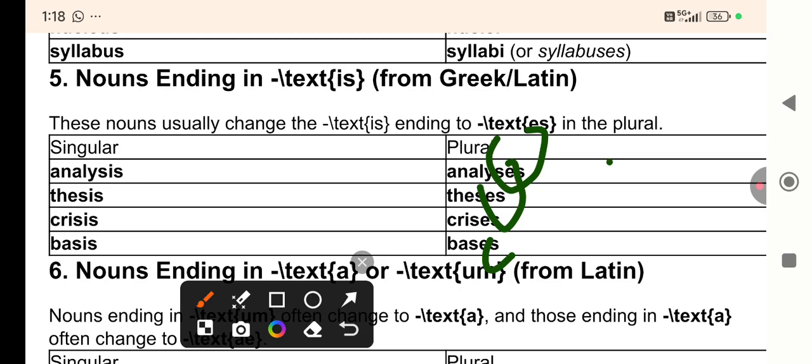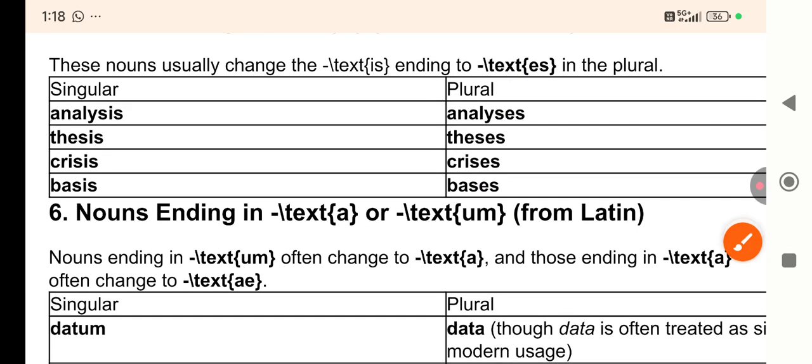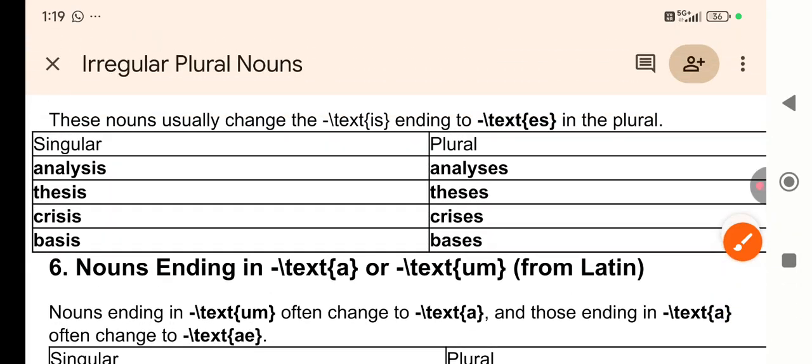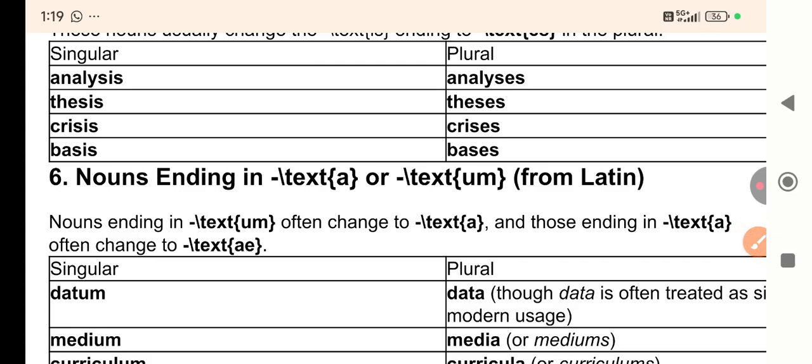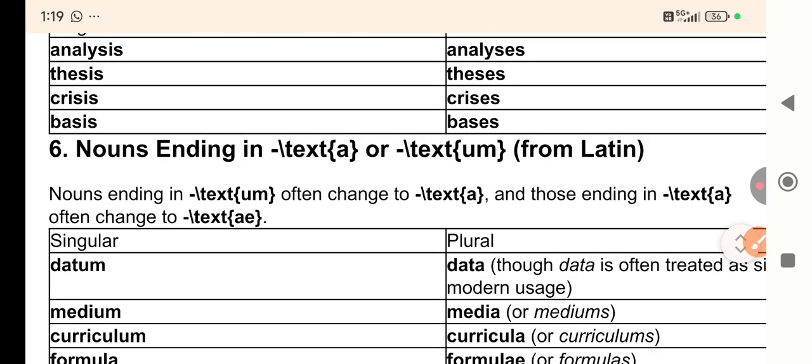See, analysis, analyses, thesis, theses, crisis, crises, and basis, bases, right? So is becomes es, meaning i is replaced by e.